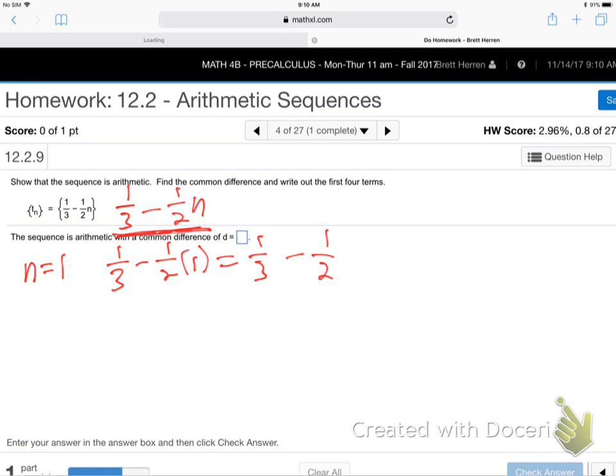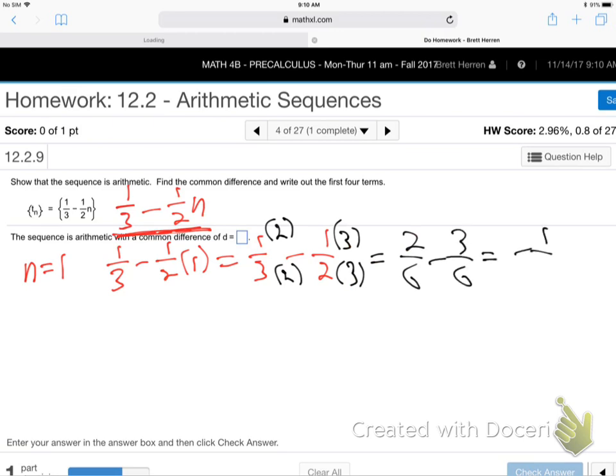Common denominators, huh? So we've got to multiply top and bottom to get a common denominator here. So top and bottom of this one by 2, top and bottom of this one by 3. So we get 2/6 minus 3/6, minus 1/6. So the first term in the list is minus 1/6. So that's n equals 1.